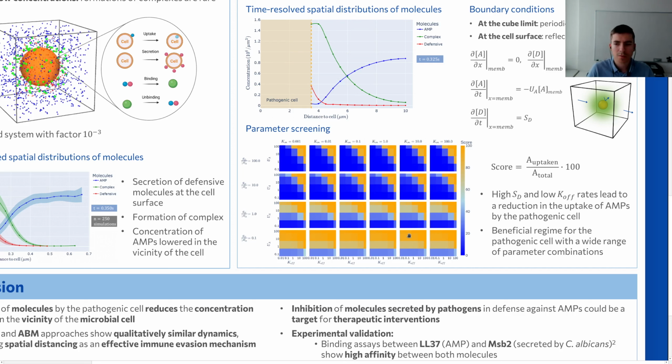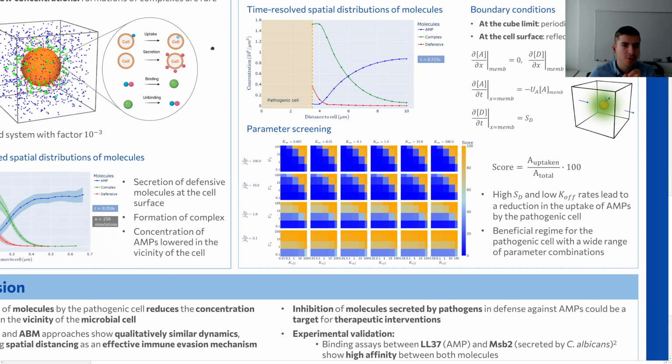And blue means that we have this beneficial regime for the pathogenic cell, this immune evasive regime, because we have a high reduction of the uptake of AMP. We computed this score by screening over four different parameters: the association and dissociation rates, the uptake rate, and the secretion rate. We observed this beneficial regime for the pathogen for quite a wide range of parameters, and especially when we have a high secretion rate and a low unbinding rate.